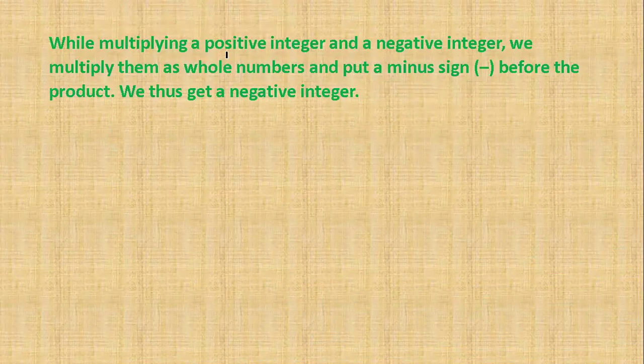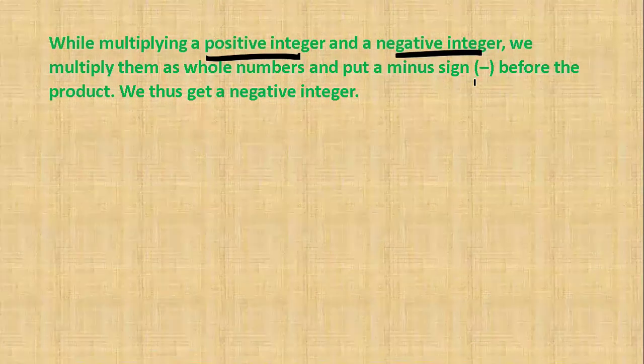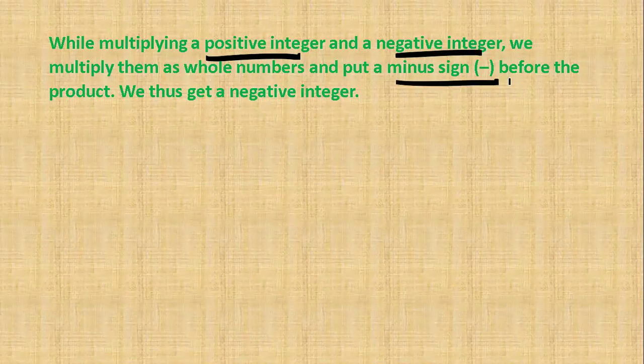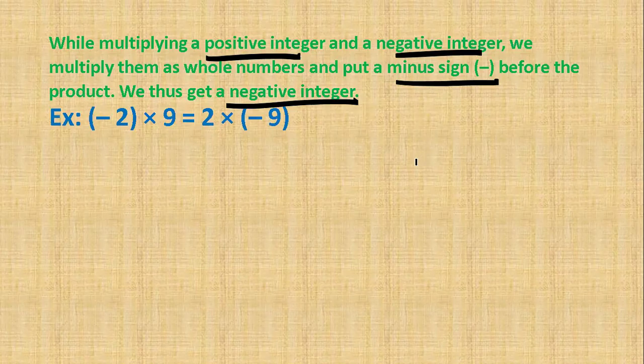While multiplying a positive integer and a negative integer, we multiply them as whole numbers and put a minus sign before the product. Thus, we get a negative integer. Example, -2 into 9 gives 2 into -9. Or else, take the minus sign outside, multiply the two numbers, and put a negative sign.